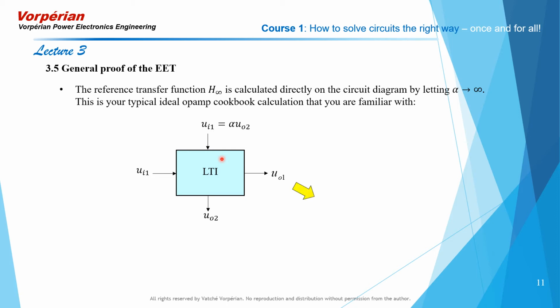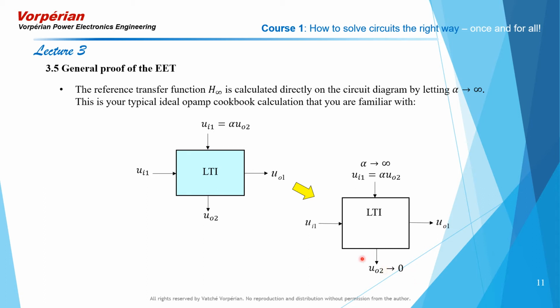Let me show you what this looks like when you allow alpha to go to infinity. When I allow alpha to go to infinity, then output 2 goes to 0. What does that mean? Have you seen this before? Of course. In an ideal op-amp circuit with an infinite gain, the differential input voltage between the inverting and non-inverting terminals is 0. Output 2 is 0.